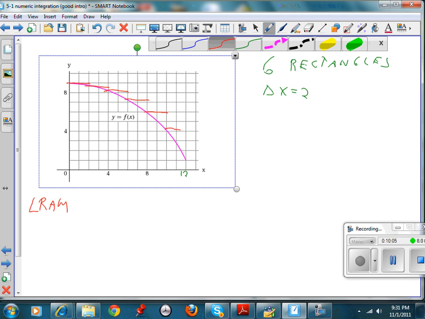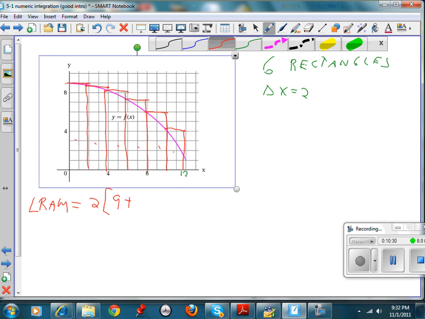Okay, those are going to be our rectangles here. And we're going to add up 1, 2, 3, 4, 5, 6 rectangles. What are they going to be? Well, the width of each one is going to be 2. Then I have to estimate the height. It looks like it's 9.